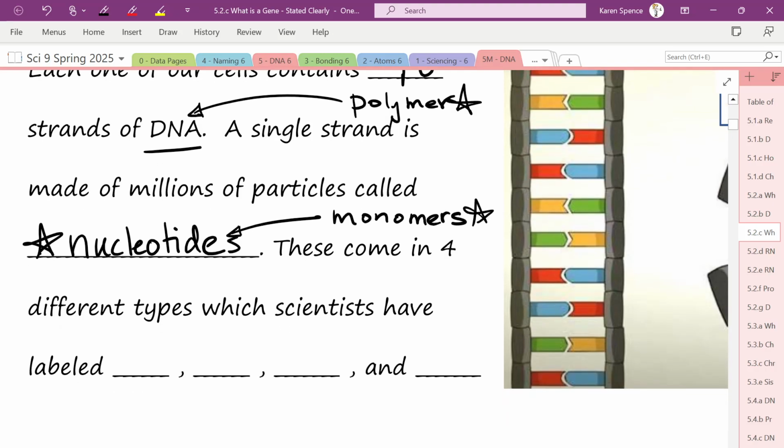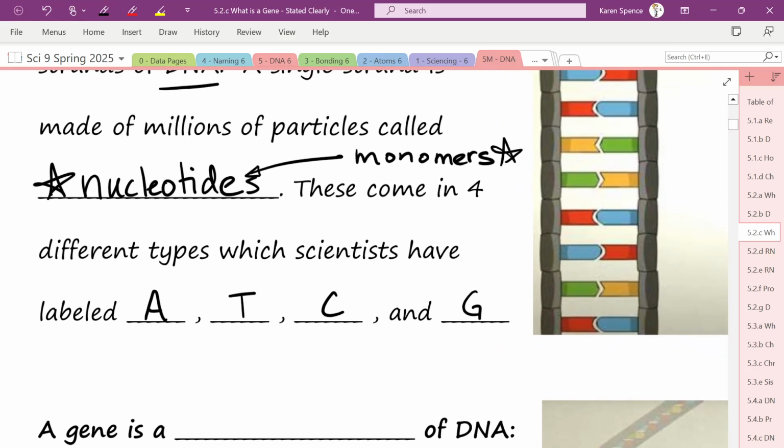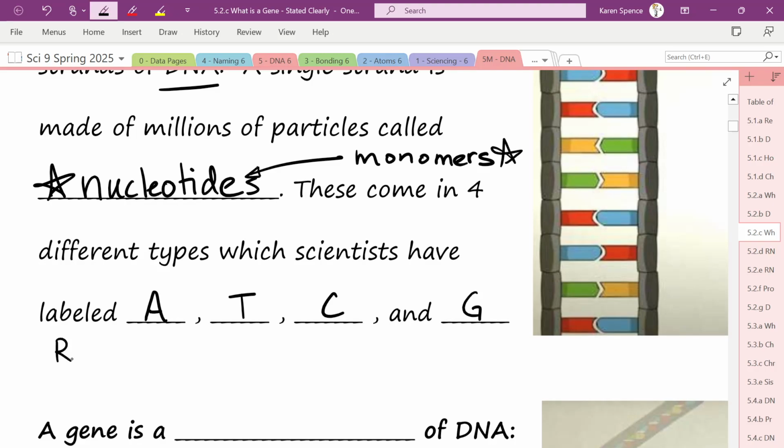They come in 4 different types, which scientists have labeled A, T, C, and G. It doesn't matter what order you put them in. We call it the rule of something base pairing? Complementary, yes.